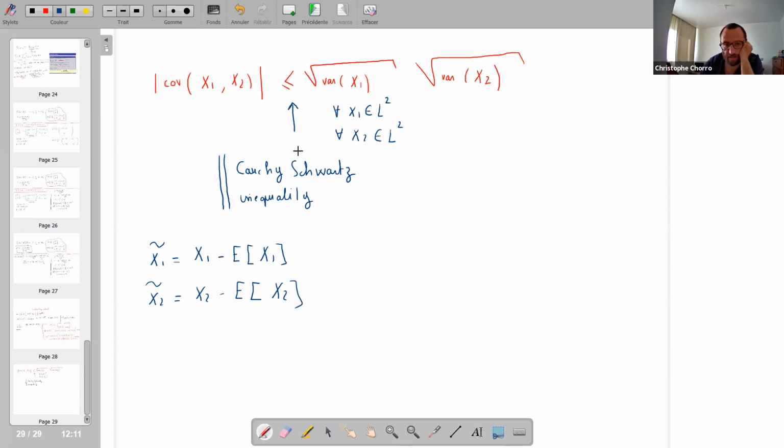So if I write this inequality, and if I try to express it in terms of x1 tilde and x2 tilde, I have the following.